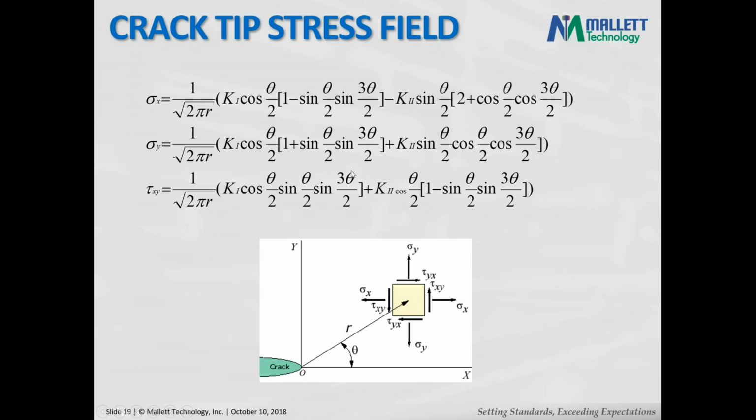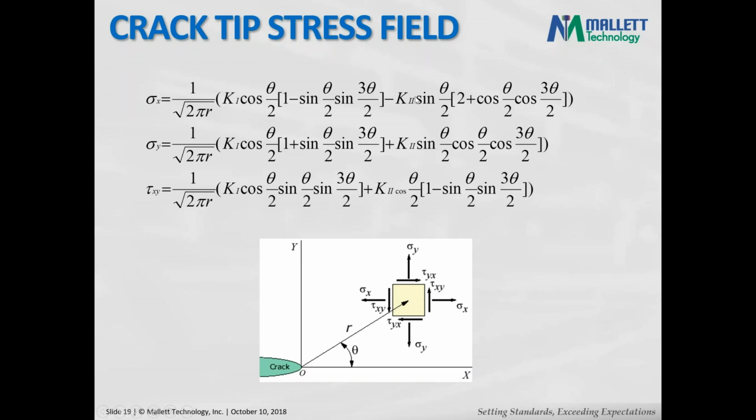K1, K2, these are the stress intensity factors that define the strength of the singularity at the crack tip. And these stress intensity factors are functions of the crack geometry, how the crack is aligned with respect to the rest of the geometry, and also loading. So basically K1 and K2 determine how much it hurts at the crack tip.